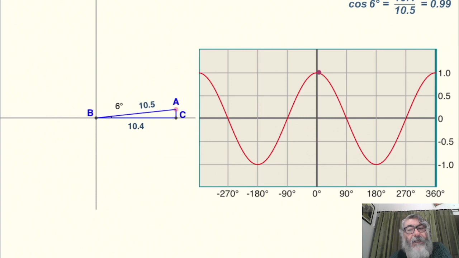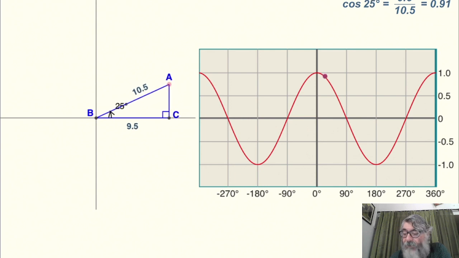In the case of sine theta, the perpendicular was increasing in the first quadrant, but here when I am moving A upward toward theta equal to 90, you notice that the base is decreasing. So the red dot on the curve is moving down from its maximum position.